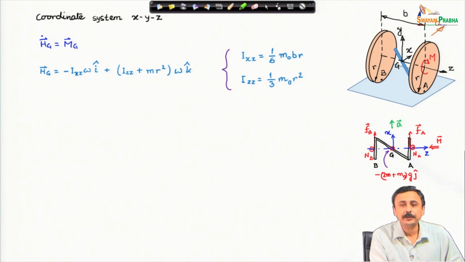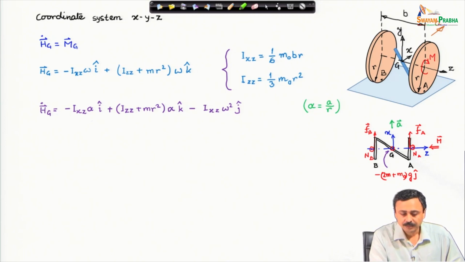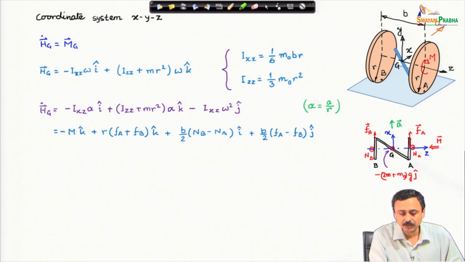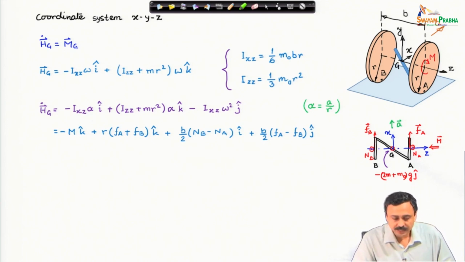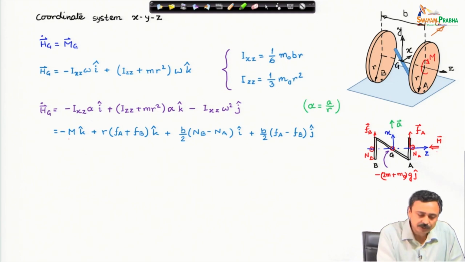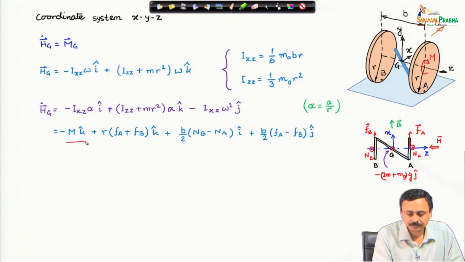Now I am ready to apply the equation of motion for rotational dynamics. This is Hg dot, and that must be equal to the net moment acting about the center of mass. What are the moments acting? One is the applied moment, of course, in the negative k cap direction.